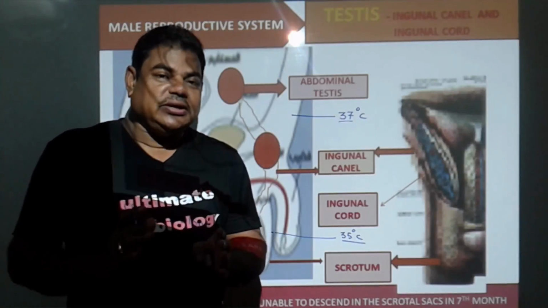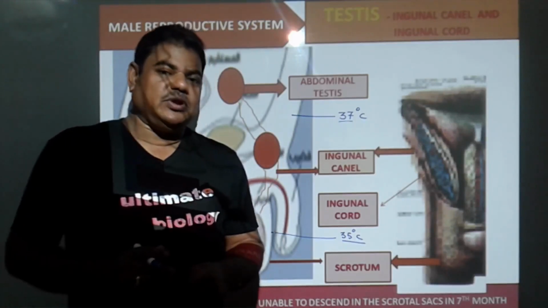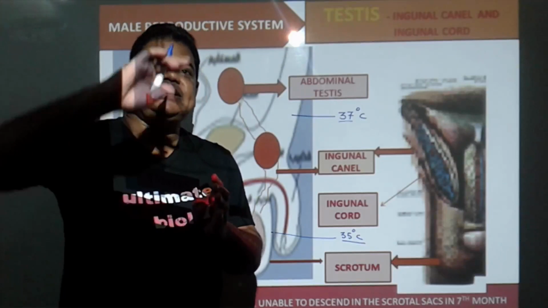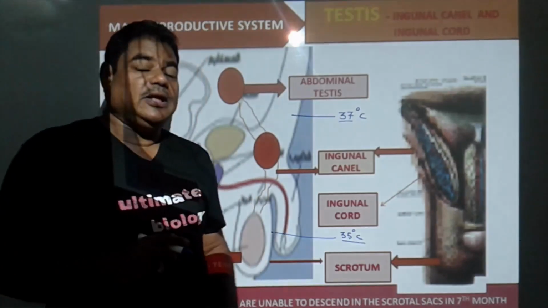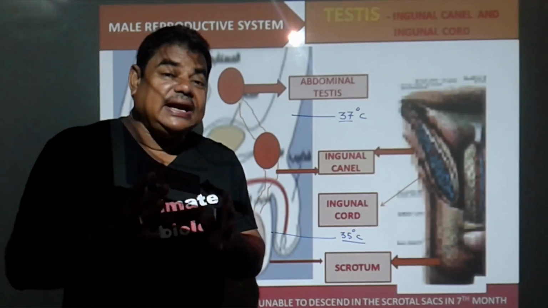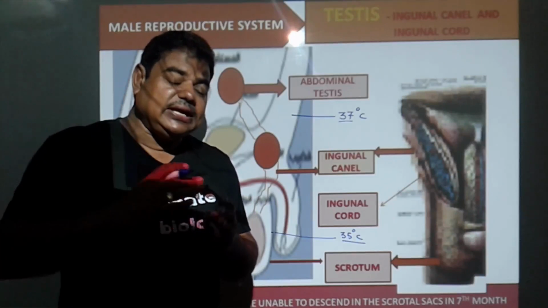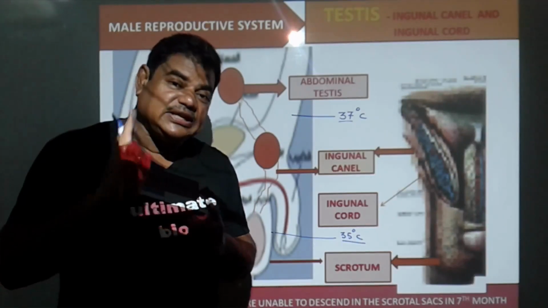Near about 500 million sperm form in the seminiferous tubules, and get ejaculated in one ejaculation. Near about 500 million sperm, which are microscopic in nature, get released from the male body in one ejaculation.